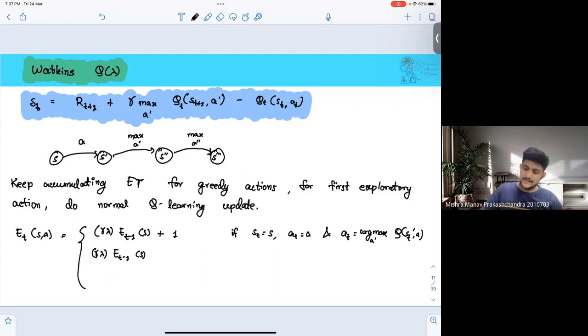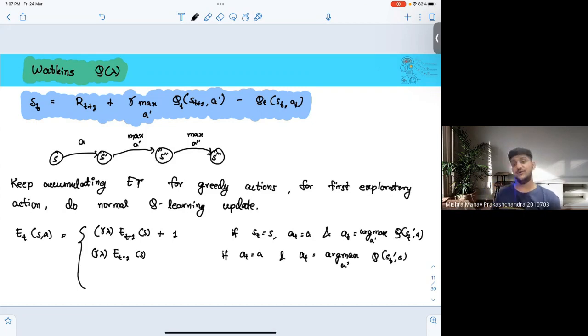If that particular action is greedy and is the target action, I do the update in the first line. Otherwise, for all other actions, for all A_t not equal to a, and still A_t is the greedy action, for the greedy action I just add plus 1.